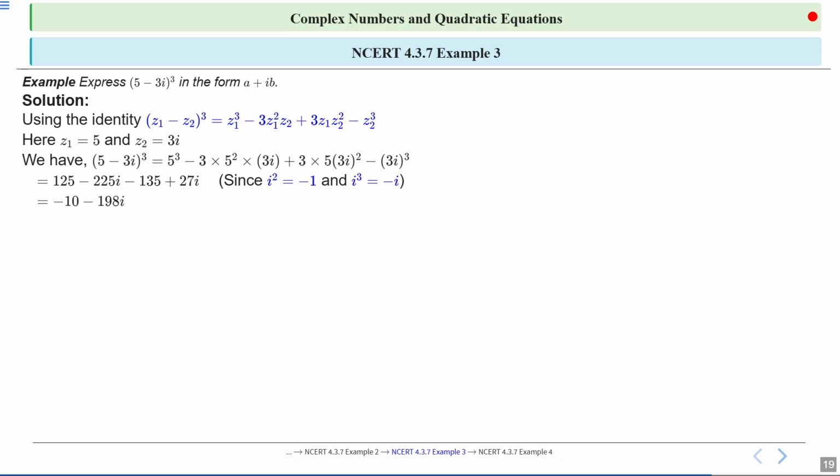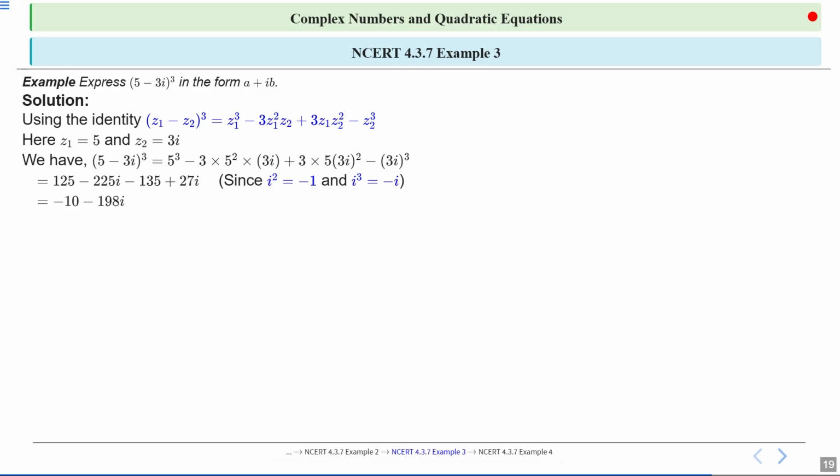Now let's combine like terms. The real parts are 125 and minus 135, which add up to minus 10, and the imaginary parts are minus 225, then 27 plus 27, which sum to minus 198 iota.